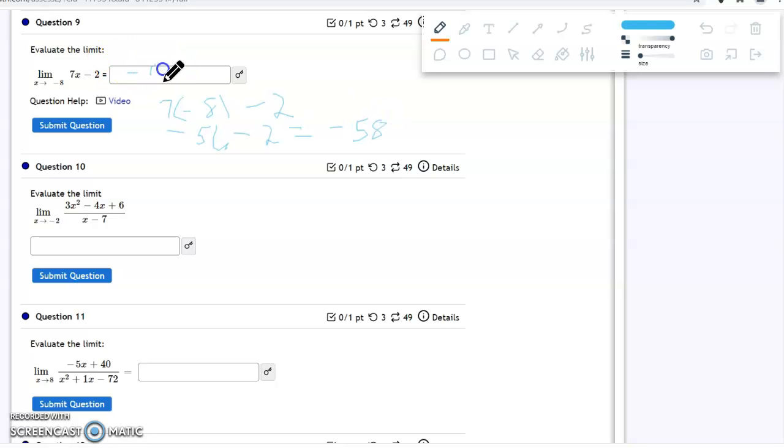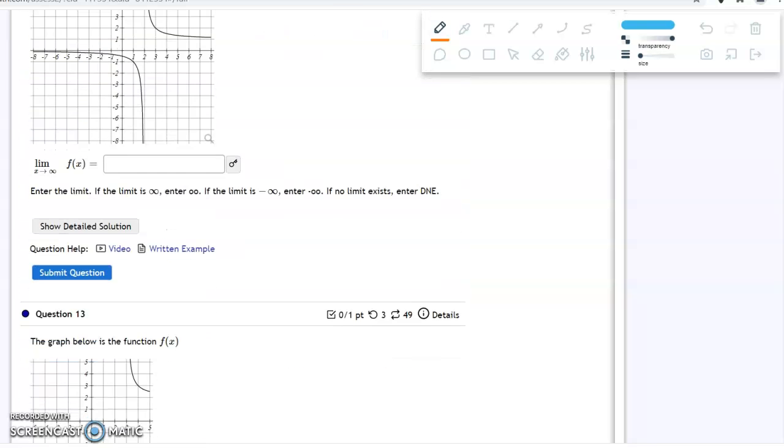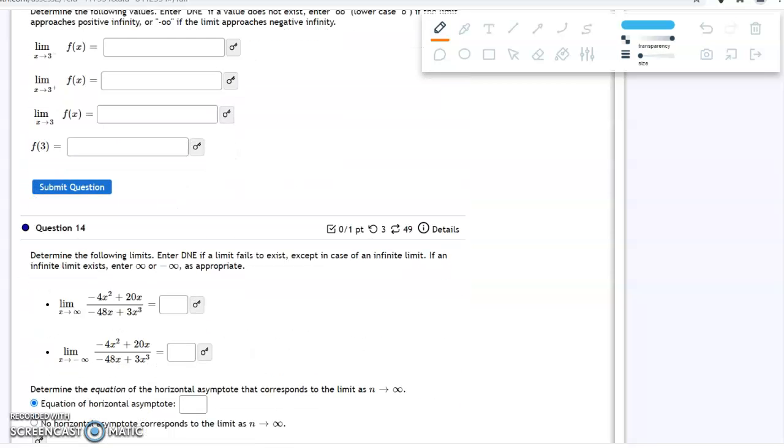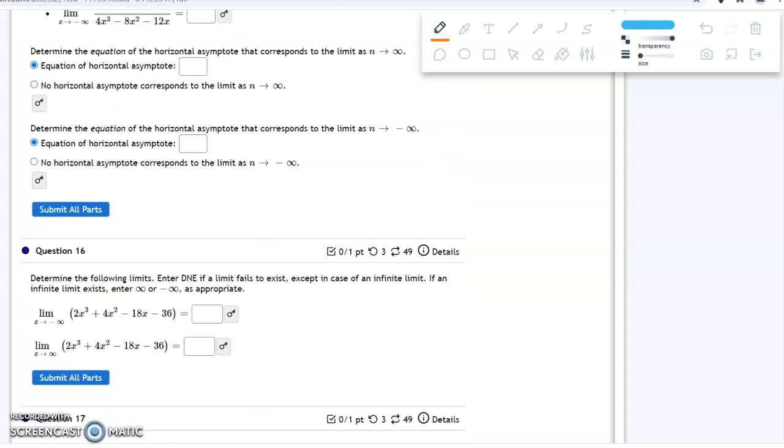That's our answer. So we can do that for this one, because negative 2 doesn't cause a 0 in the denominator. This one we have to do like the factoring problem that we just saw. And there may be a few more down below that are different.